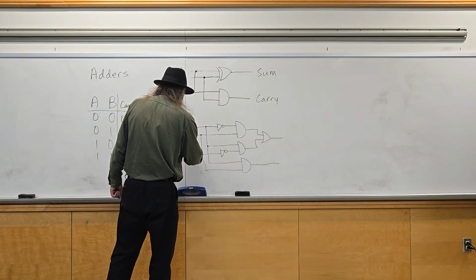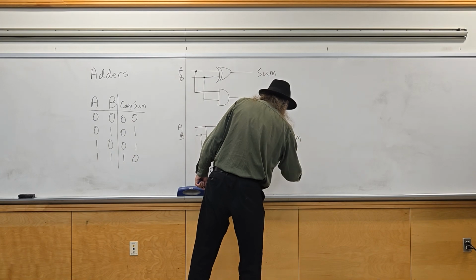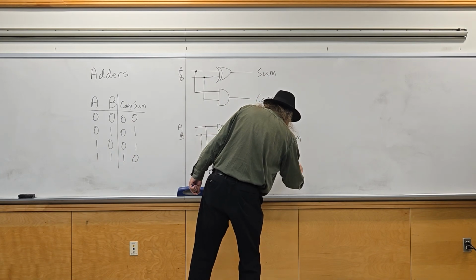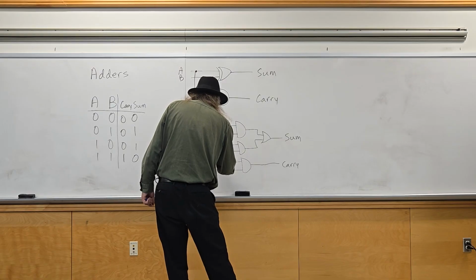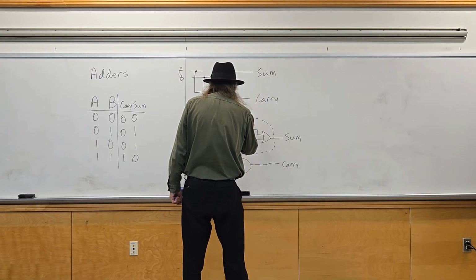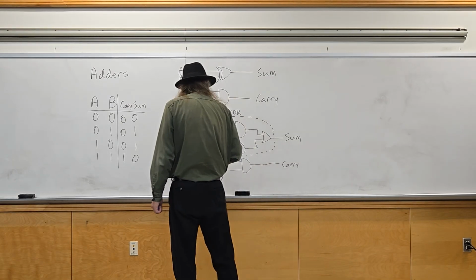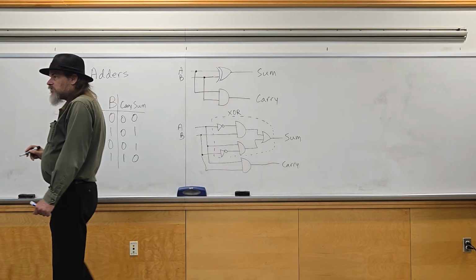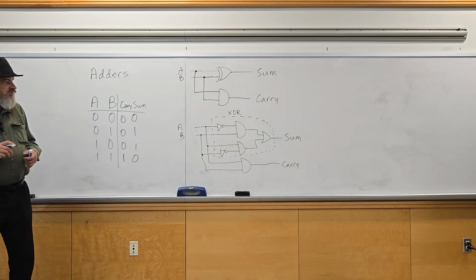A, B, sum, and carry. So this right here is your XOR gate. And you would have the AND gate for the carry.